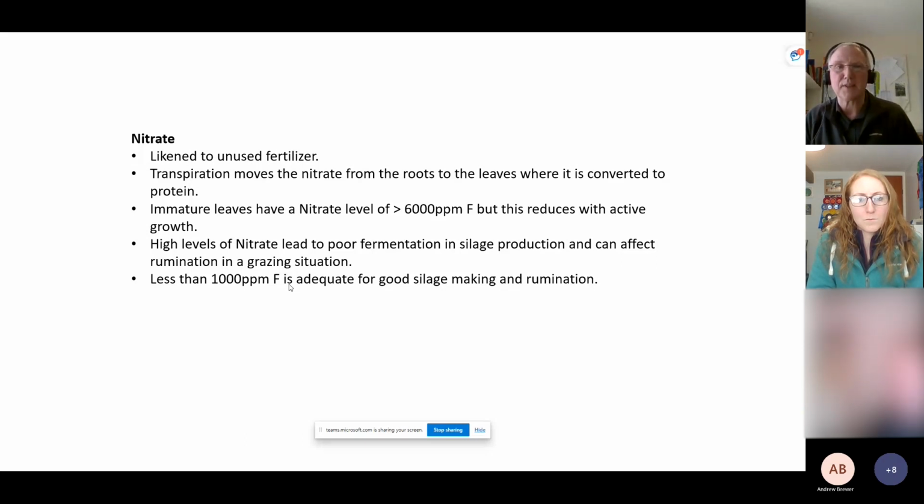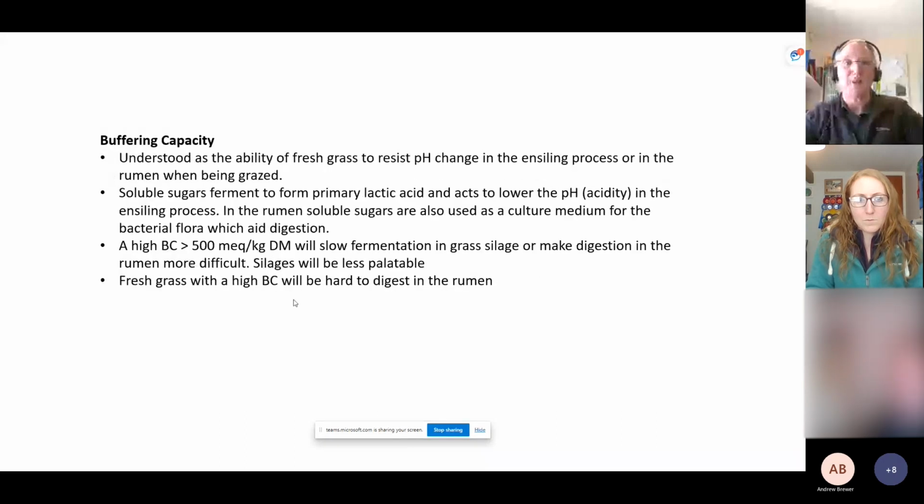Less than 1,000 ppm is adequate for good grazing, and I'm sure you've heard about the grazing wedge, and again it's all relative to how much nitrate's been used up by the plants, and the amount of protein relative to that. So all of these things are interlinked: nitrate, protein production within the plant, digestibility, ME, energy for the animal. It's all part of a bigger picture.